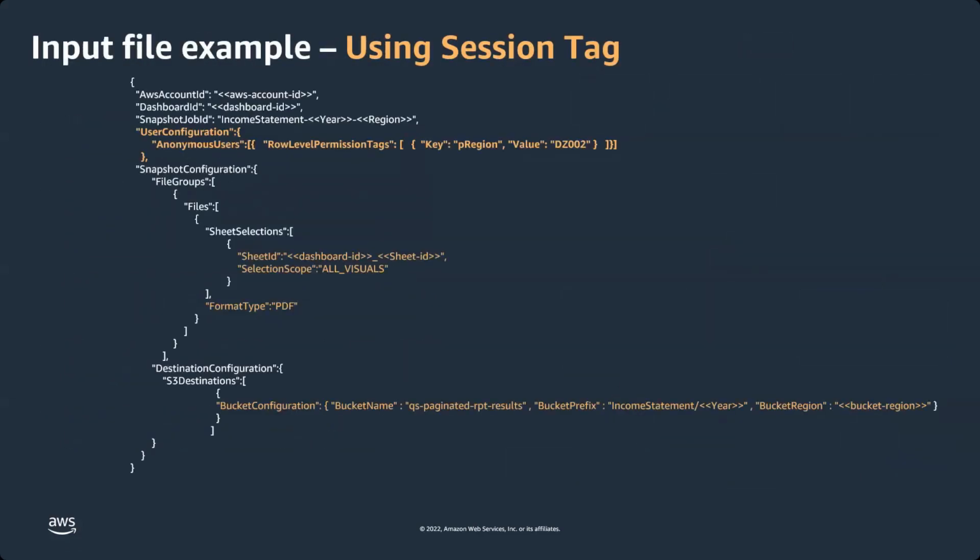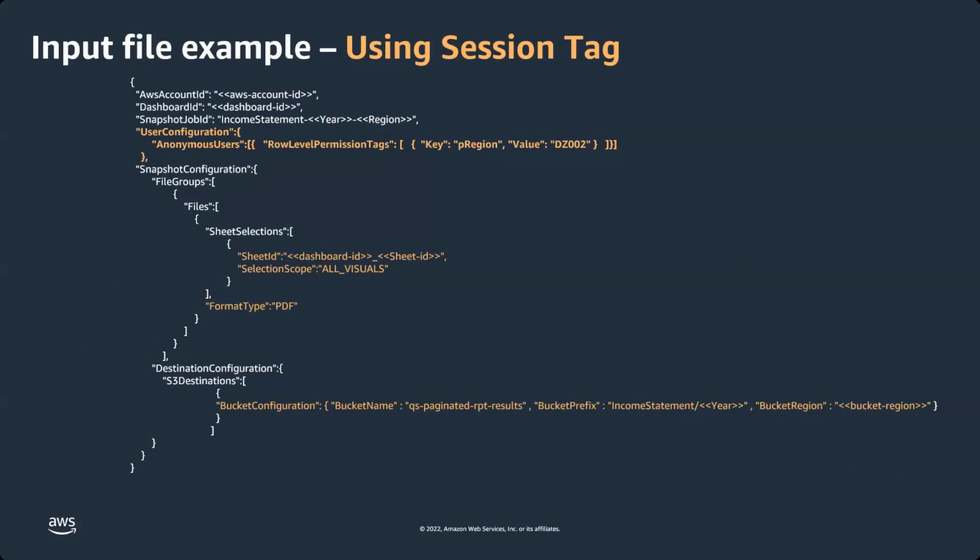Now, one example: while you create these automated scripts or work through the CLI, one key thing you require is the input file. One example could be that you have anonymous embedding, or you have an anonymous tag already as part of your dataset.